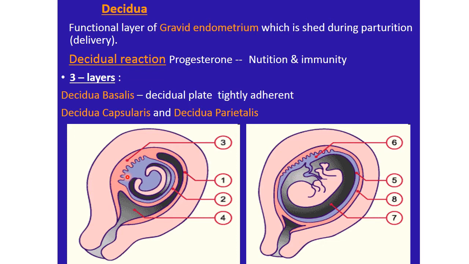The part of the decidua which covers the peripheral part of the embryo or the fetus is called the decidua capsularis, number 2 in this diagram. And the part of the decidua which lies on the opposite wall of the uterus is called the decidua parietalis. And this blackish area is actually the cavity of the uterus.